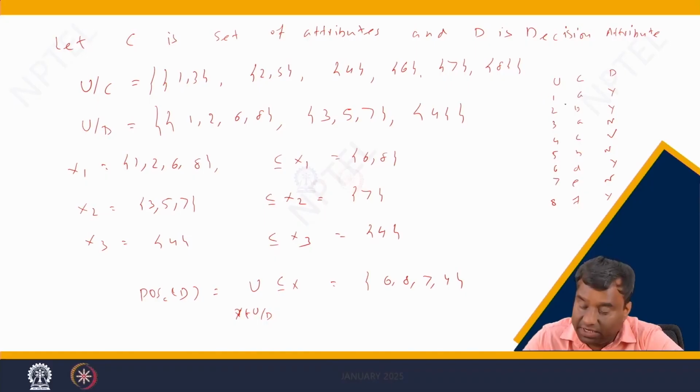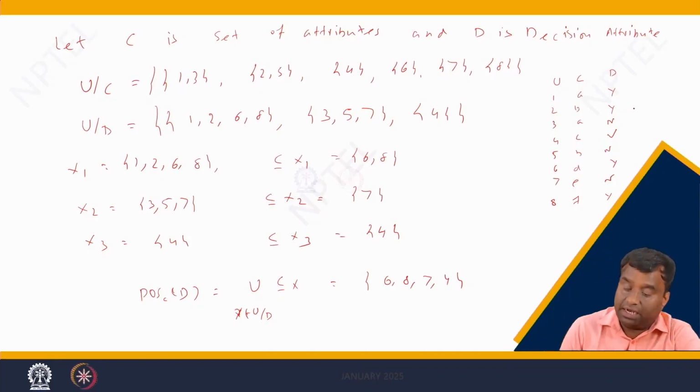So 1 and 3 are the same, so that is A; 2 and 5 are the same, so that is B; and the remaining are different. So 4 is C, 6 is D, 7 is E, 8 is F. Listen, 1, 2, 6, 8 are the same, so that is Y; 3 and 5 are the same, so that is N; 4 is different, so that is V.